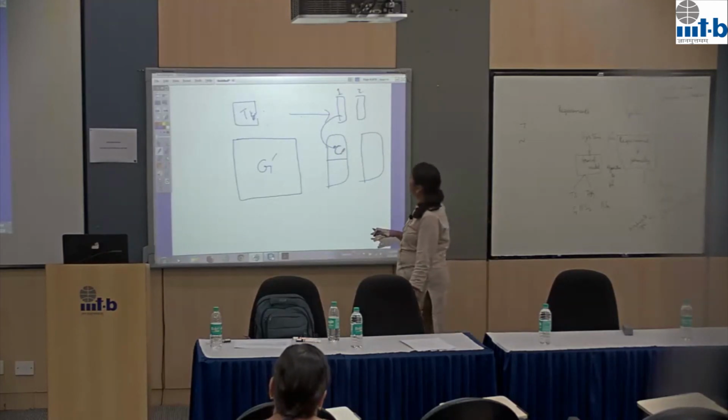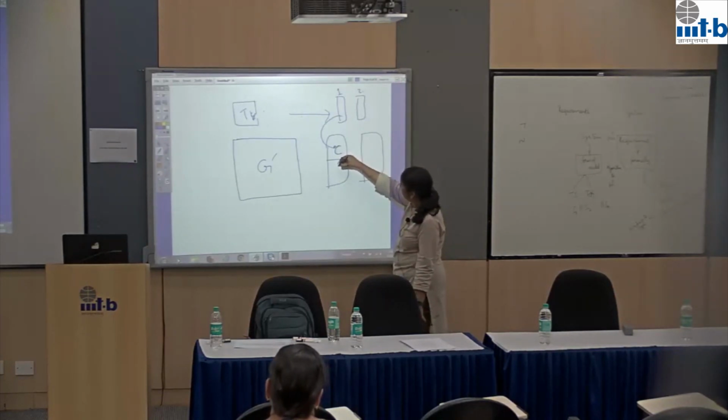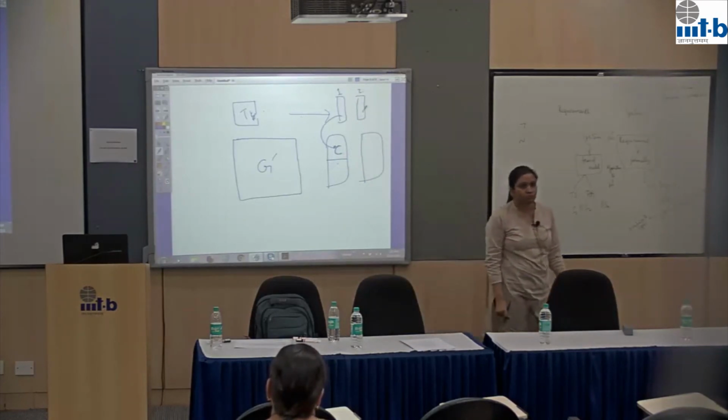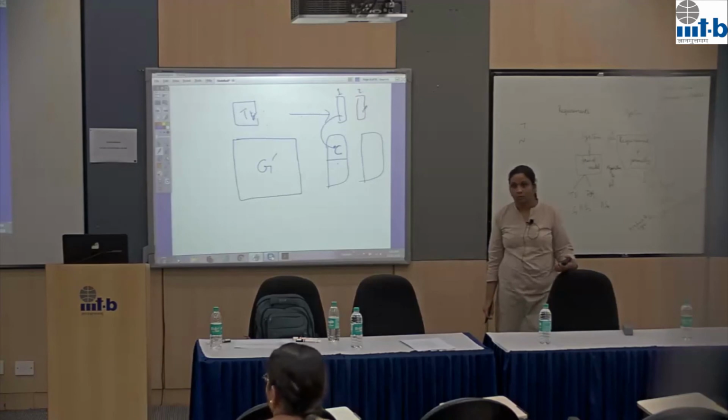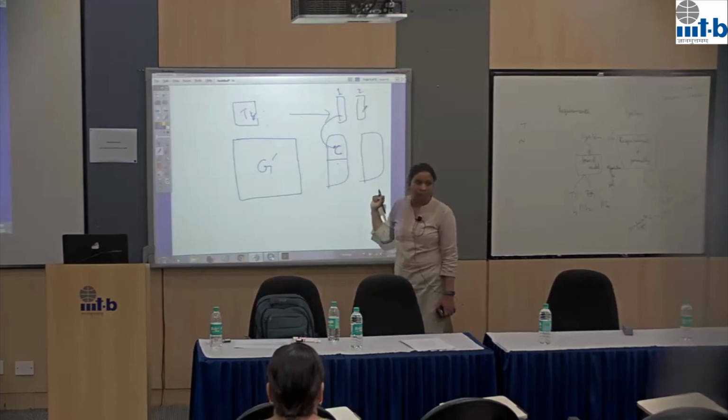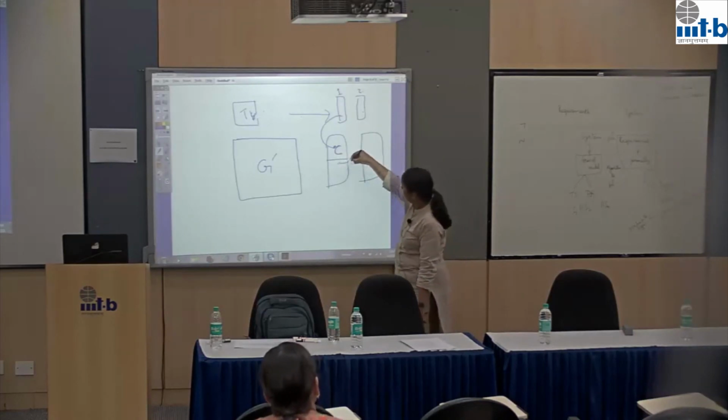Okay. Now, what about the vertices which have edges from here to 2? What can we say about them? Suppose there is an edge from here to here.